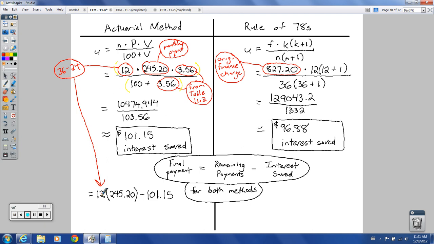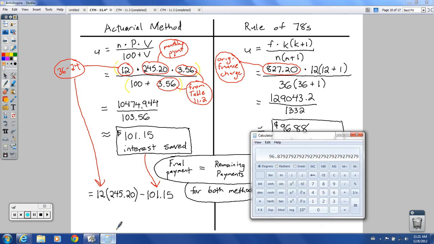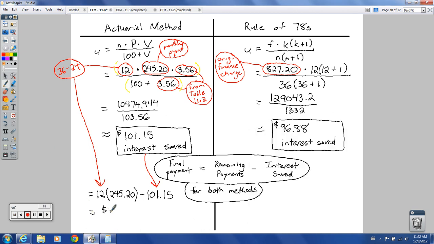You had 12 more payments with this much per month to pay, and then this interest saved, that goes in right there. So put this into a calculator. 12 times 245.2 is going to equal that, and subtract 101.15 from that. You're left with $2,841.25 as your final payment for the actuarial method.